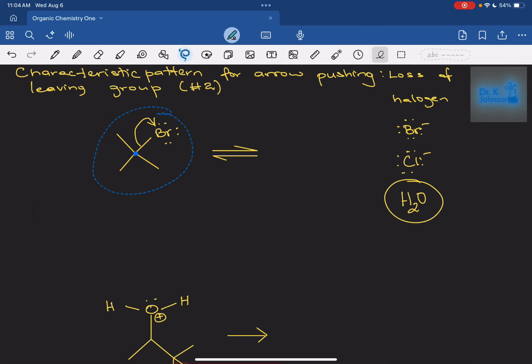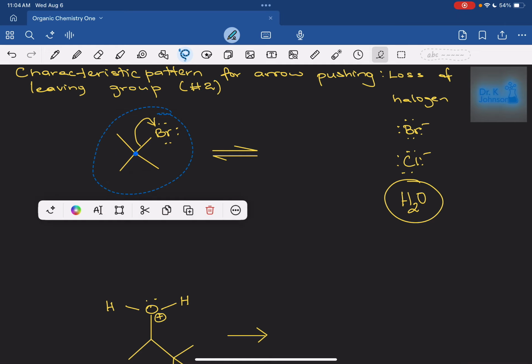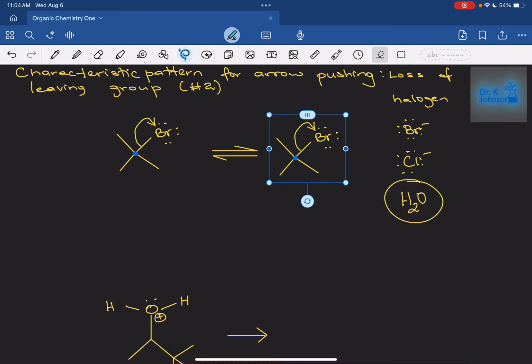I'm just going to duplicate this and erase some things. This portion of the molecule that I have left here is the portion that you didn't do anything to. No action happened here. Blue carbon is still intact with these three bonds. Draw that back, okay?